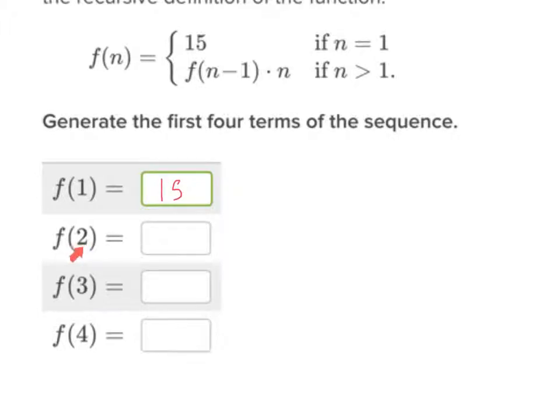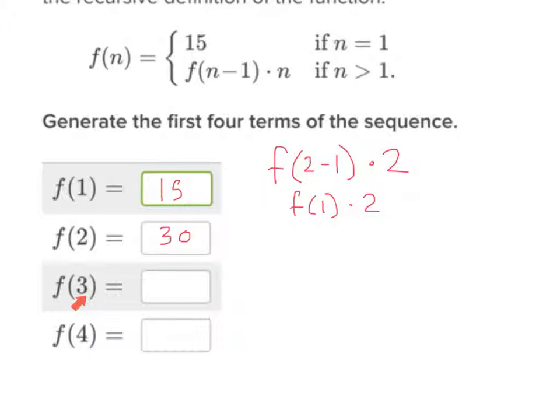Now, in this case, n is 2. So we're going to put a 2 right there where that n is, and right there where that n is. So I've got f of 2 minus 1 times 2. That's f of 1 times 2. Well, it says right here, f of 1 is what? So I got 15 times 2, which is 30.